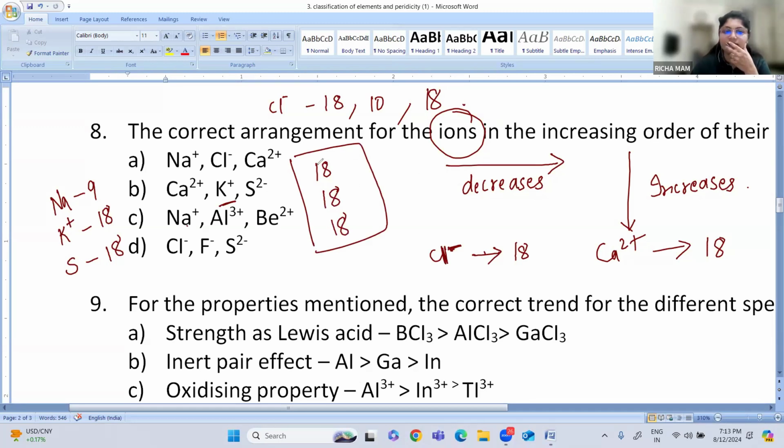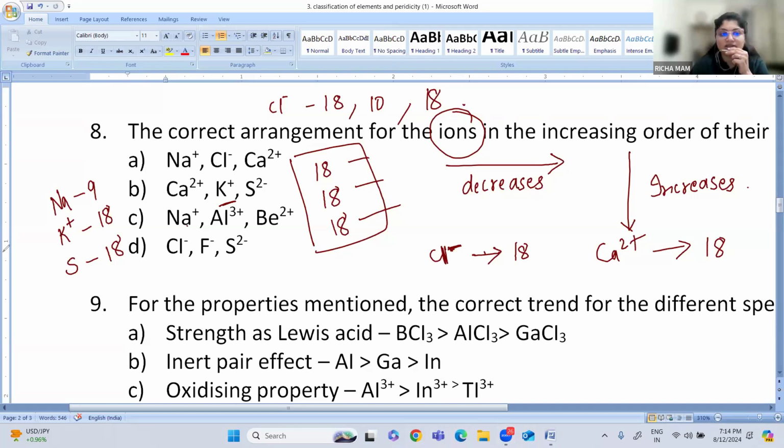Now, here if you see, they are having the same electrons. When you have the same number of electrons, what is it called?